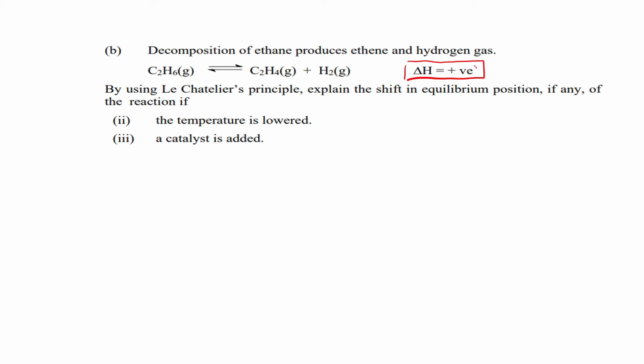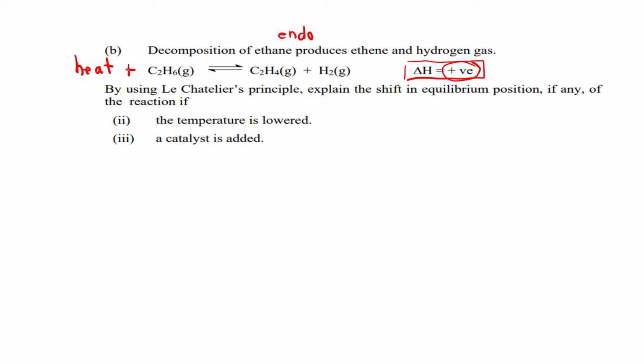Jadi kalau positive means heat is absorbed. Jadi kalau heat is absorbed, it is endothermic. So kalau positive, heat is absorbed, jadi kita letakkan heat di sebelah mana? Okay, kita letak pada sebelah reactant. So you put heat at the reactant side.